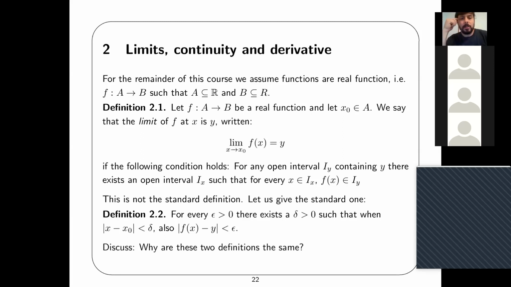And I wrote it in an even more abstract way. So it says that when we have any open interval containing this y, there exists some open interval that contains, sorry, there's a mistake here, I_x0, right?